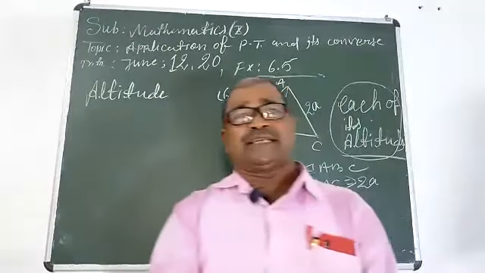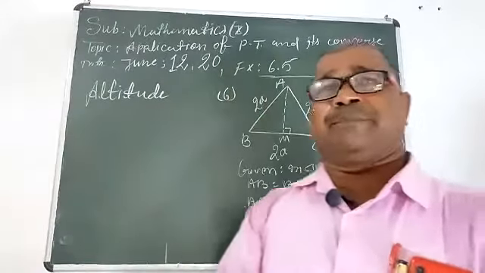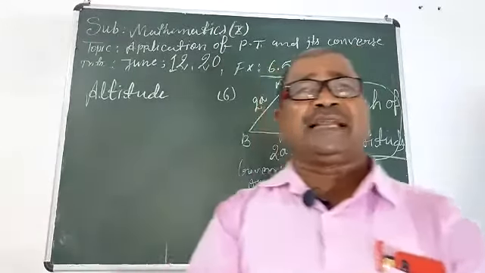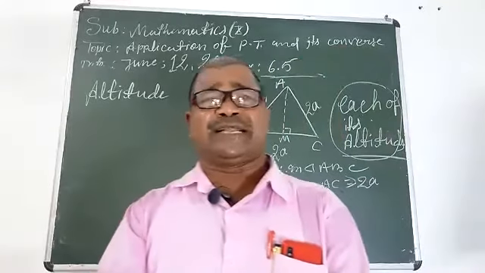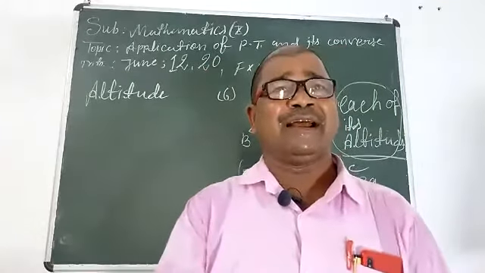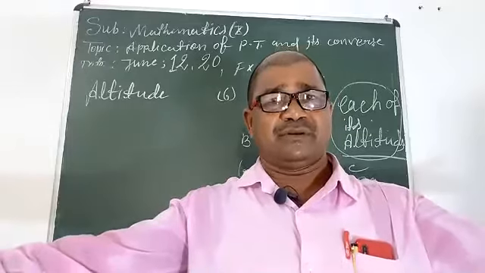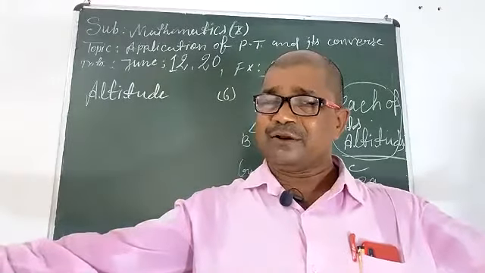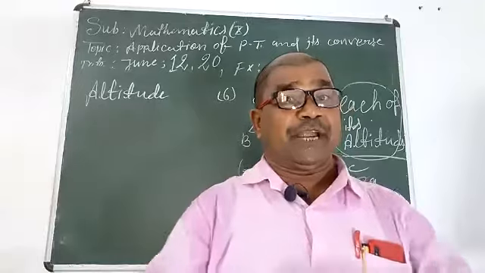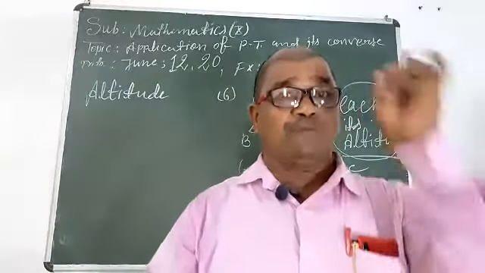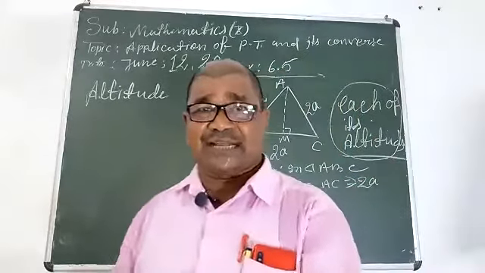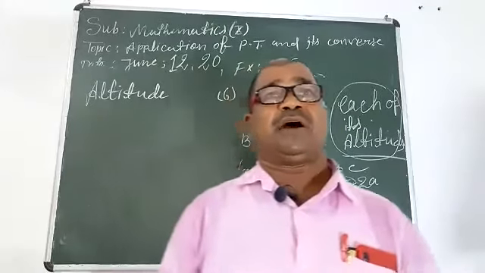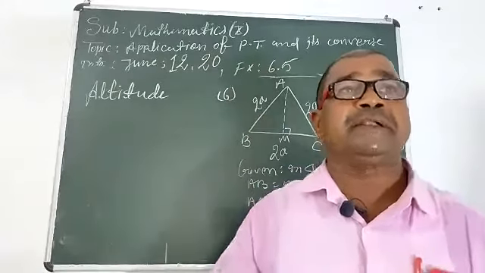After drawing the altitude in an equilateral triangle from any vertex, the triangle is divided into two triangles, they are congruent. If we draw the perpendicular from one vertex in an equilateral triangle, the triangle is divided into two congruent triangles.